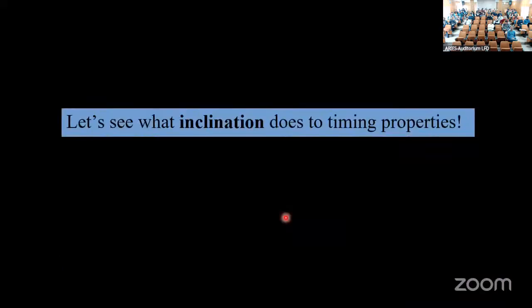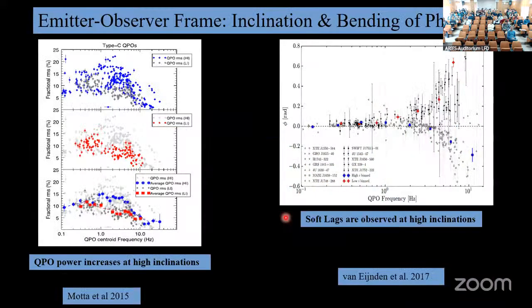So what it does to the timing properties, if you look into the timing properties, you will see that the QPOs which are observed for high inclination sources have a little bit higher fractional RMS, and low inclination QPOs RMS is a little bit lower.